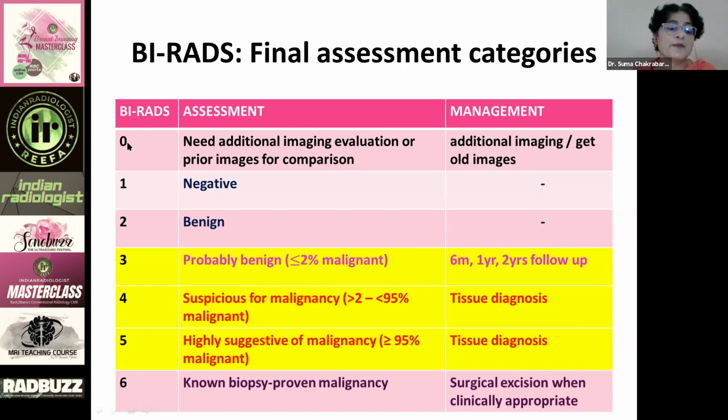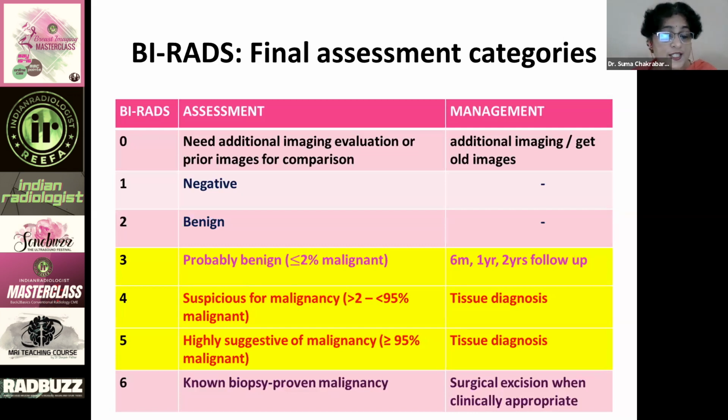So, BIRADS can be of 6 different types, 0 to 6. 0 means that we need additional imaging, maybe an ultrasound, to decide the actual BIRADS of the lesion. And also sometimes it may mean we need old images. 1 means that it's a normal study. 2 means it is entirely benign, so nothing to be done for these 2 groups. 3 means that it is most likely to be benign, but we will still keep them on follow-up.